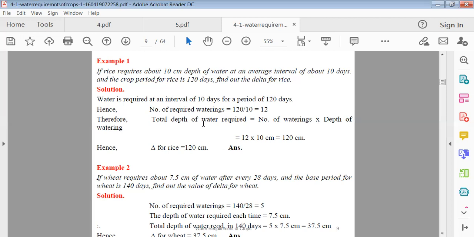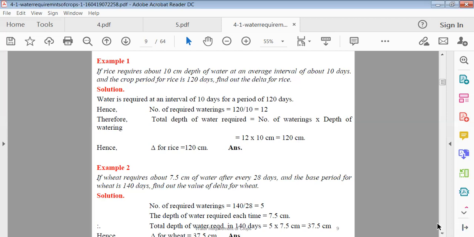The total number of waterings is 12, and the depth of water is 10 centimeters. So a total of 120 centimeter of water is to be applied throughout the crop period. So delta for rice is equal to 120 centimeter.